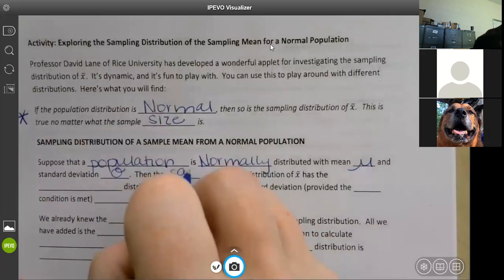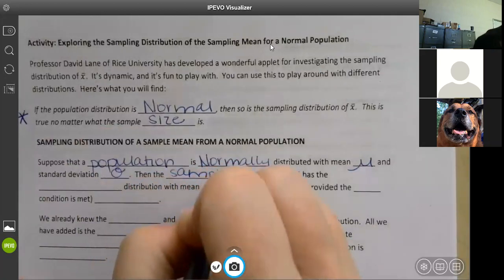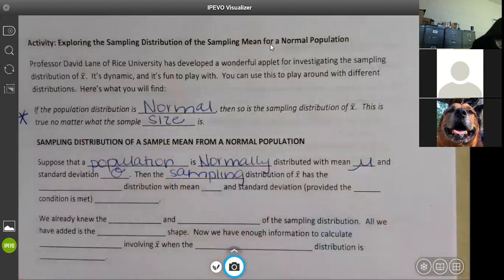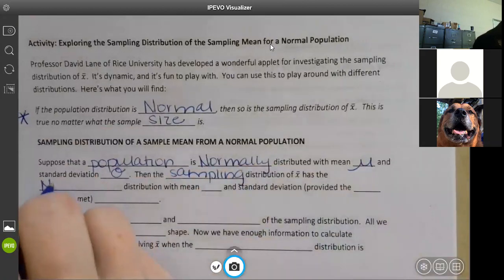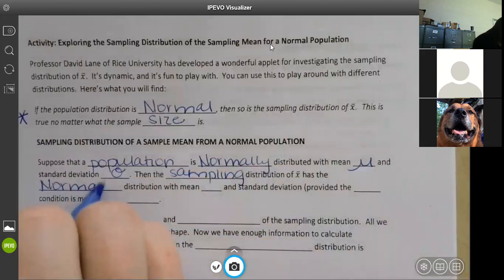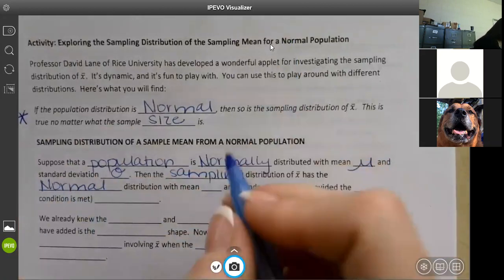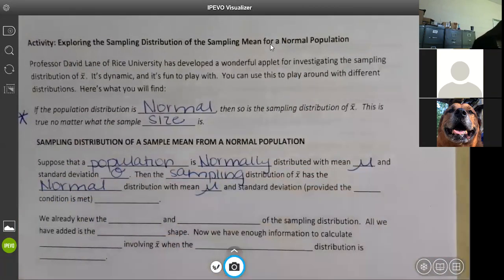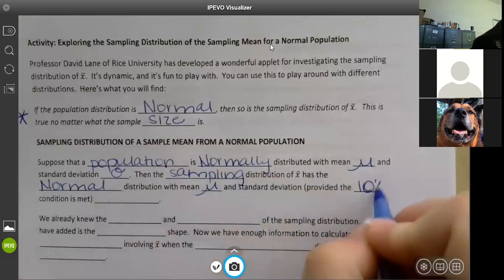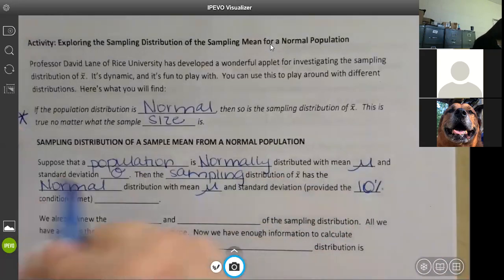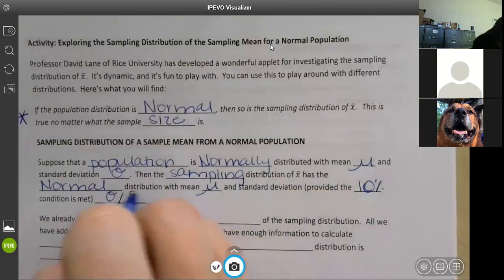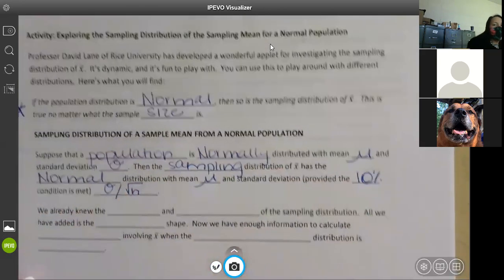Then the sampling distribution of X bar has the normal distribution with the mean mu and the standard deviation, provided that the 10% condition is met, of the population standard deviation over the square root of n.